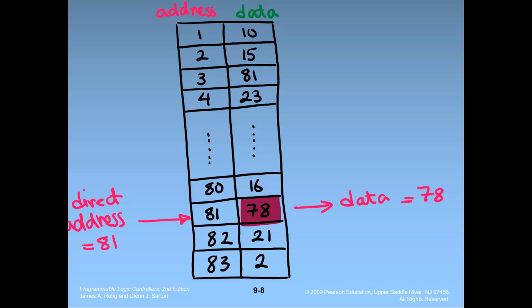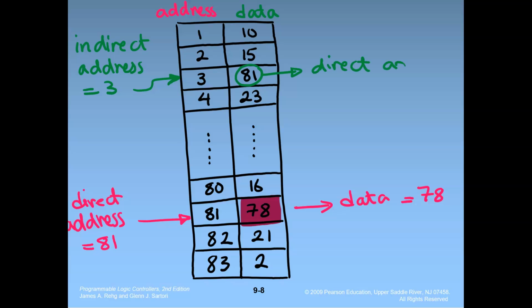Now, I can also use indirect addressing here. In indirect addressing, I can provide my address to be equal to 3. If I say that my indirect address is equal to 3, then it means that at this address, I have the direct address of my data stored. So what I have as data in front of this indirect address is the direct address of my desired data.